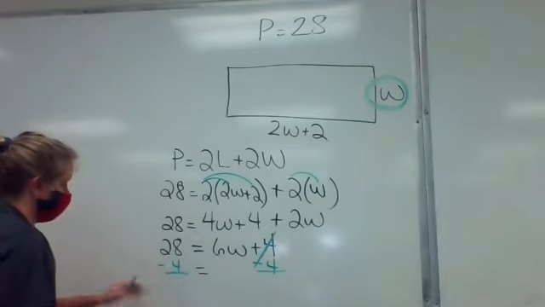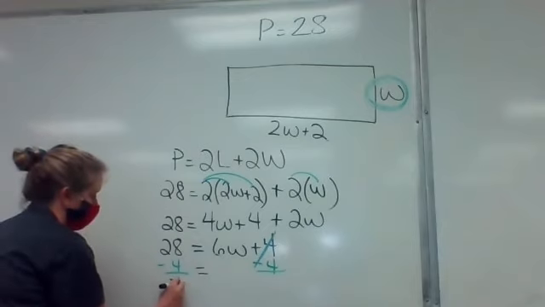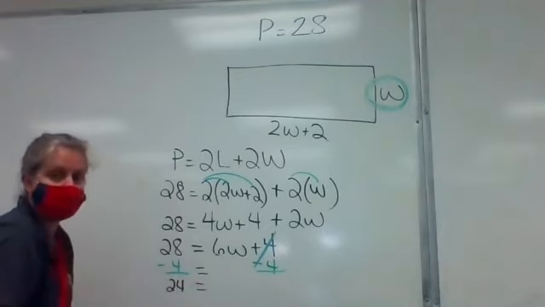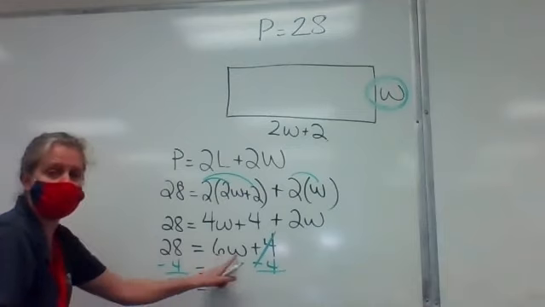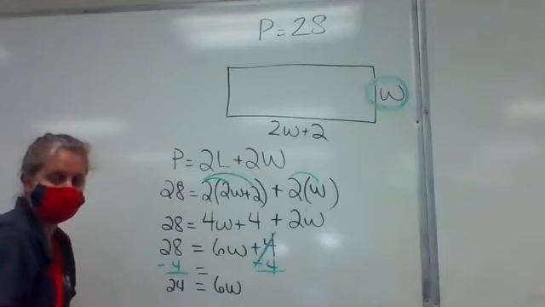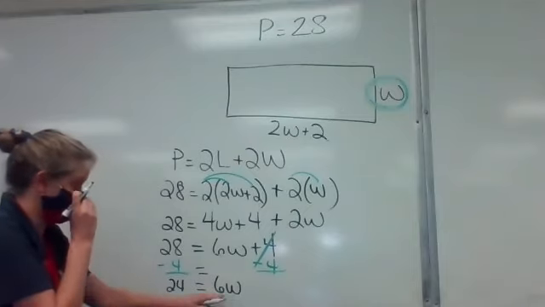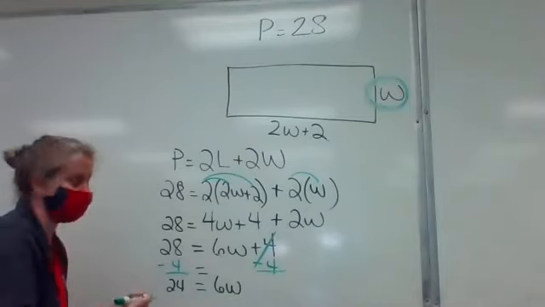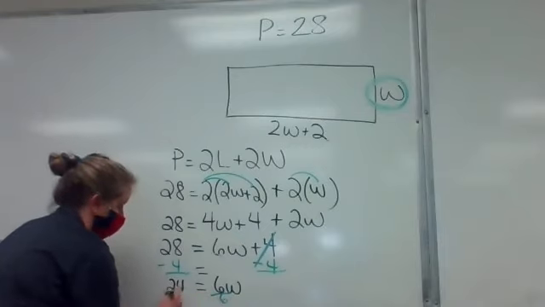So let's see, over here I have 28 minus 4, which is 24. Equals, all that's left over here now is the 6W. Getting W by itself, I just need to make that hooked on 6 go away, so I'll divide it by 6.